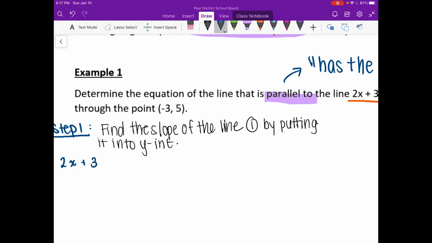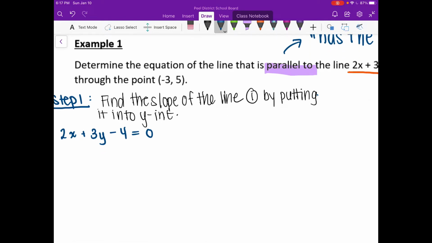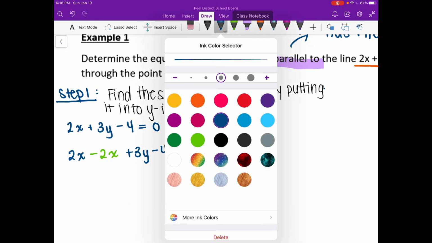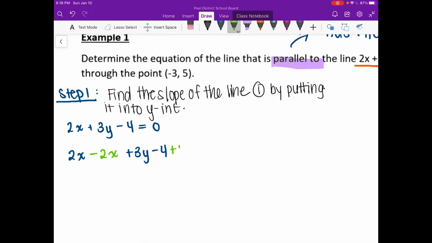So I have 2x plus 3y minus 4 equals 0. I have a positive 3y. You can either move the 3y over to the other side or leave it here and move everything else. I'm going to move everything else. So I'm going to move the 2x by subtracting 2x. Plus 3y, I'm going to leave that here, minus 4. In order to get rid of minus 4, I'm going to add 4.